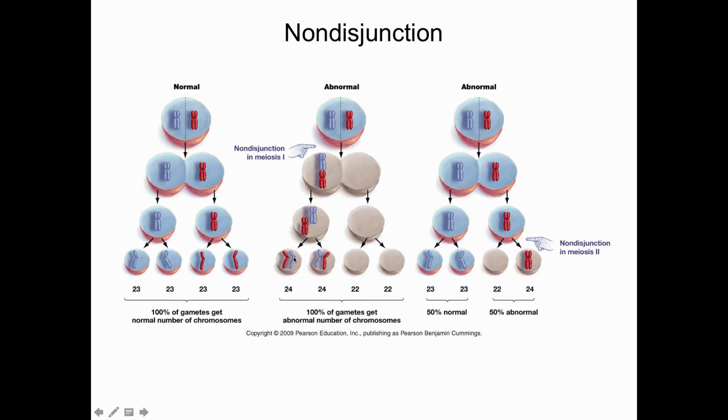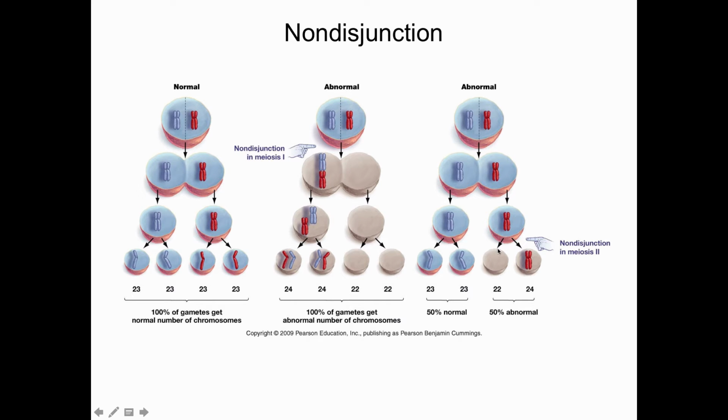They're all screwed up, because remember, there's only supposed to be one of these in each. So you have two of them, 24 chromatids, and this one 24 chromatids, and this one 22 here and 22 here. So none of these are viable.